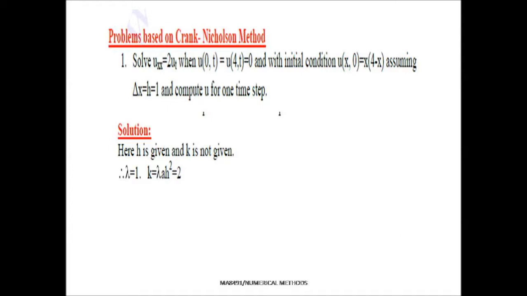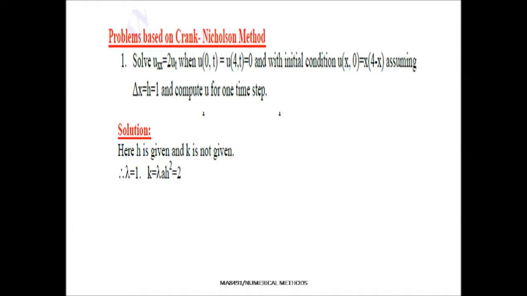So what we are doing is we are using the Crank-Nicolson method instead of the Bennett-Smith method. Even though the same question can be applied to the Bennett-Smith method and the Crank-Nicolson method, if it is given to compute u for one time step, we have to use only the Crank-Nicolson method.